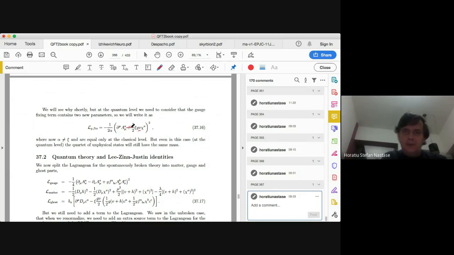So this should renormalize in the same way as (dμ Aμ) squared over 2 alpha.